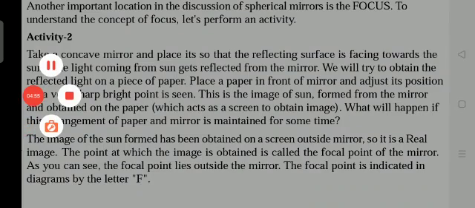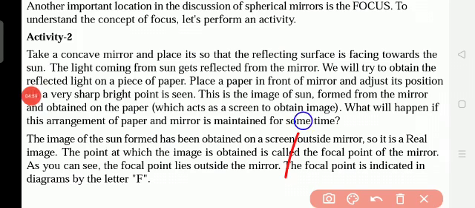For this there is an activity. Through the activity we will see what the focal point is. Now take a concave mirror and place it so that the reflecting surface is facing towards the sun. The light coming from the sun gets reflected from the mirror.